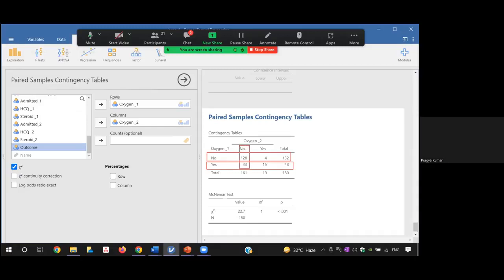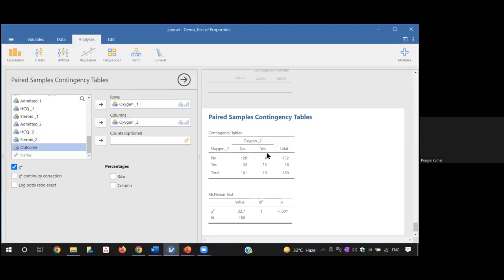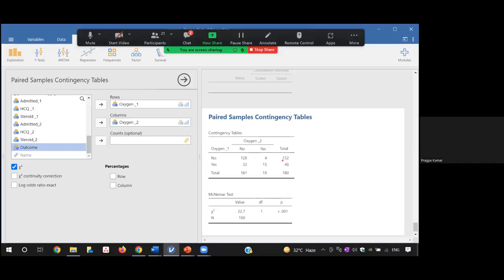Whereas there is again this no and this yes. So this vertical no and vertical yes, it is at the time of discharge. So you can say here that if I compare, initially there were 48 people who were requiring the oxygen at the time of admission.